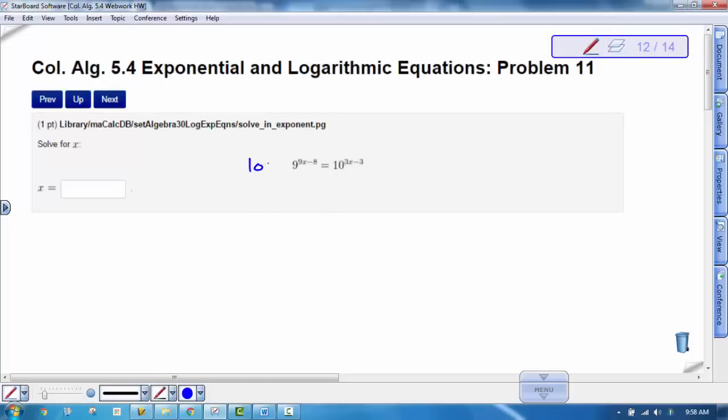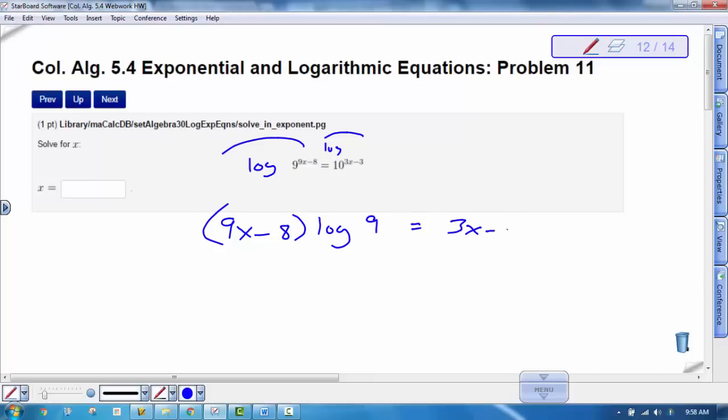Next one's really tough. I'd probably take the log of both sides and then bring the exponents down. So you'd have 9x minus 8 times log base 10 of 9 equals 3x minus 3 times log base 10 of 10. Now this cancels to 1, so that simplifies a little bit.